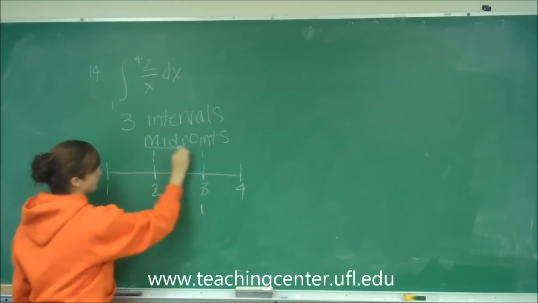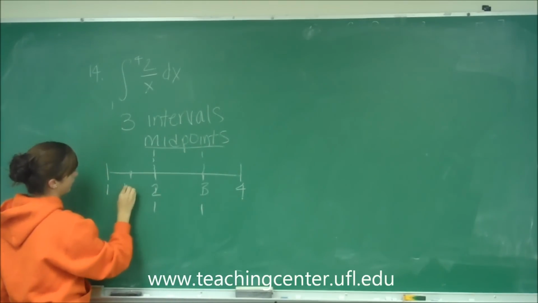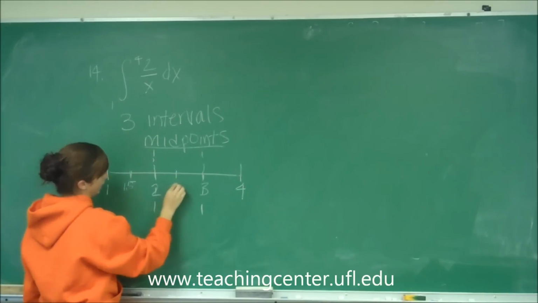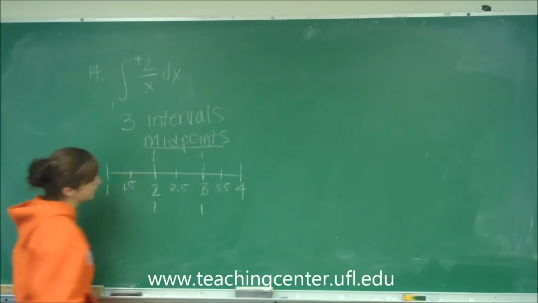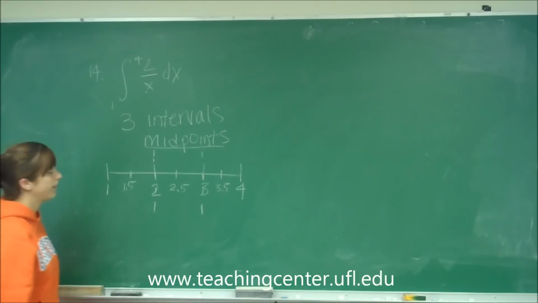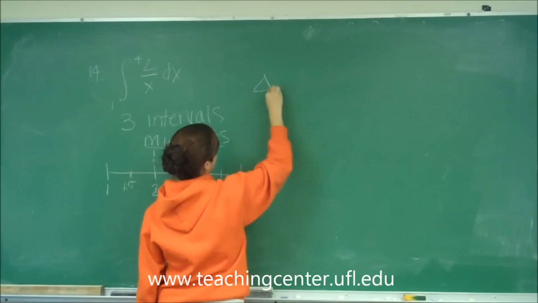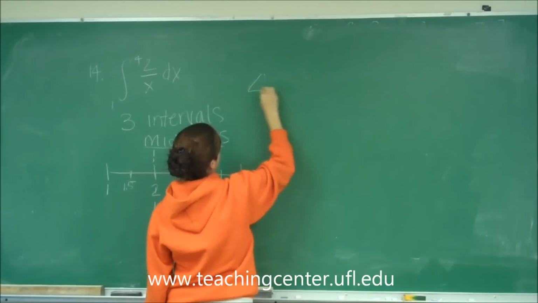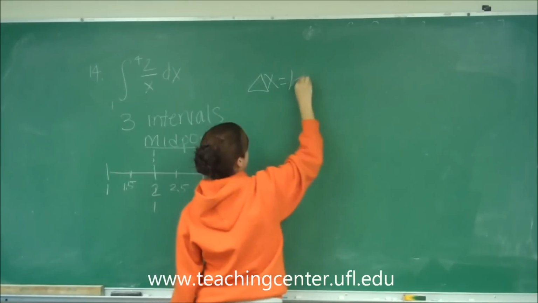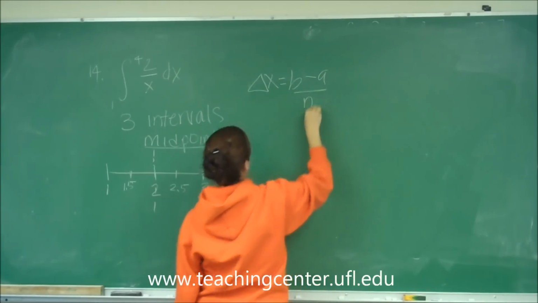Then it says to use midpoints. So the midpoints would be 1.5, 2.5, 3.5. And now our delta x is b minus a over n.